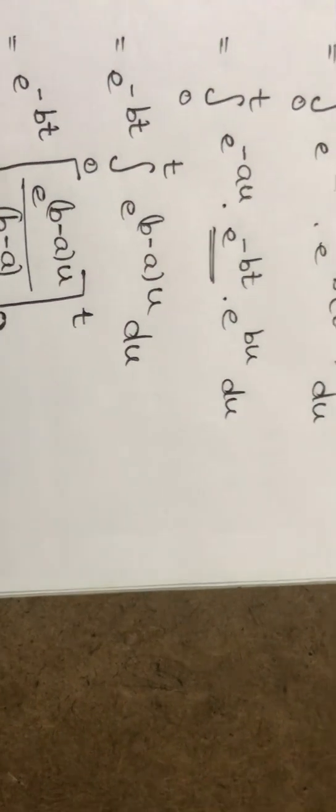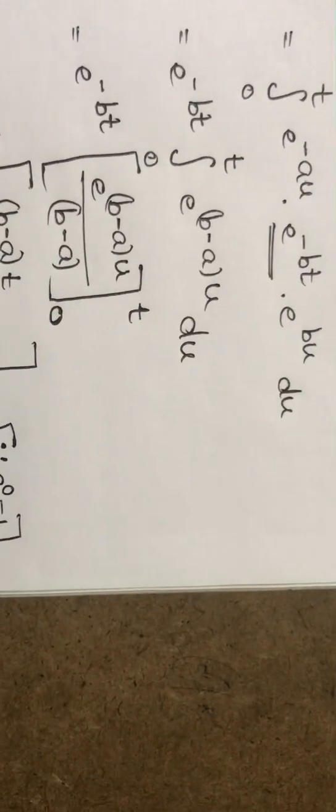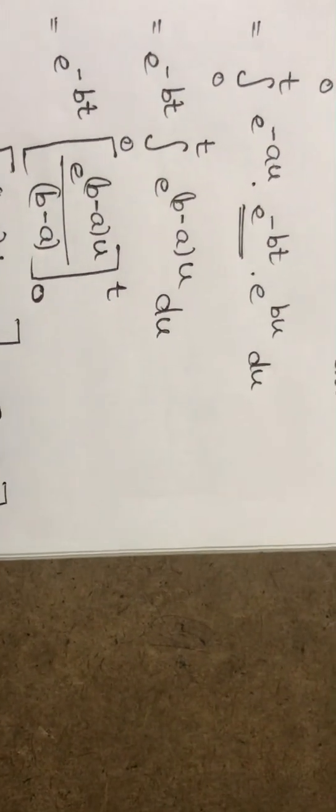And by the formula of exponentials, e power x plus y, we get e power minus bt times the integral from 0 to t of e power (b minus a)u du. Here we should integrate with respect to u only.